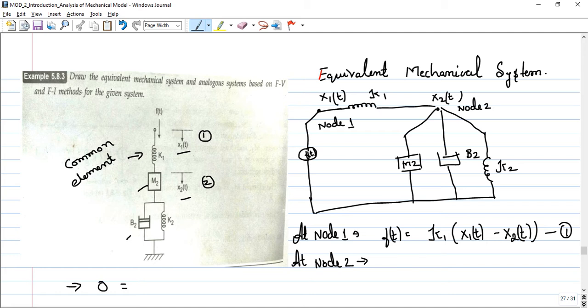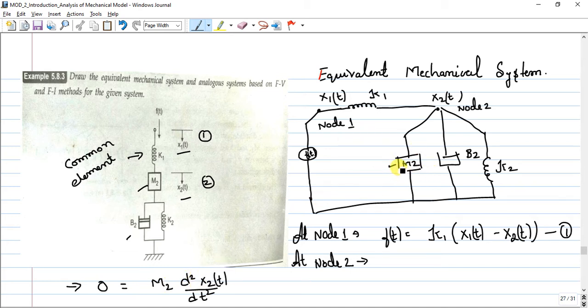The displacement is x2 of t. So I will represent m2 multiplied by d square x2 of t by dt square. Okay, this is mass m2 into acceleration for the first element.